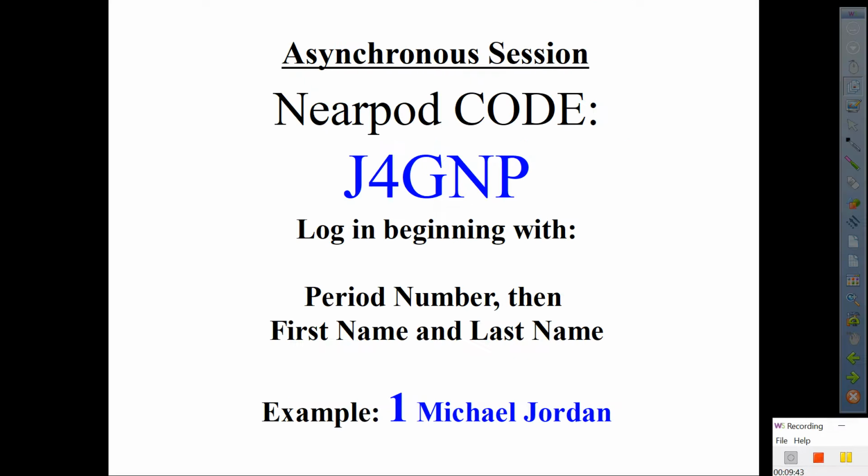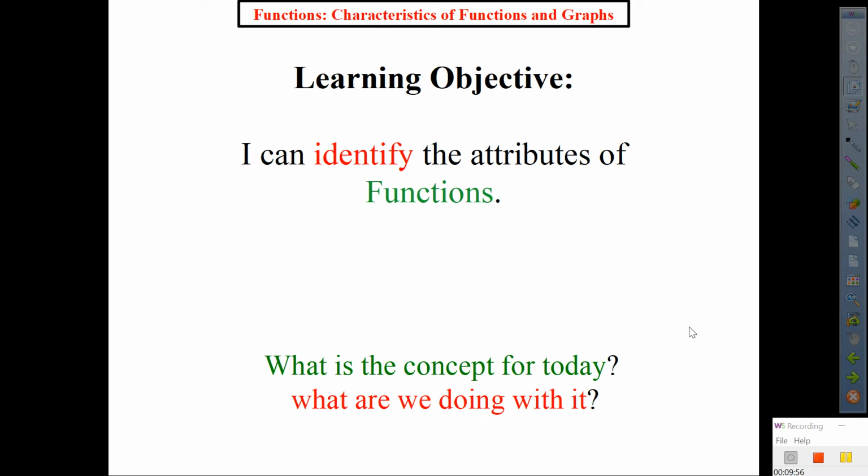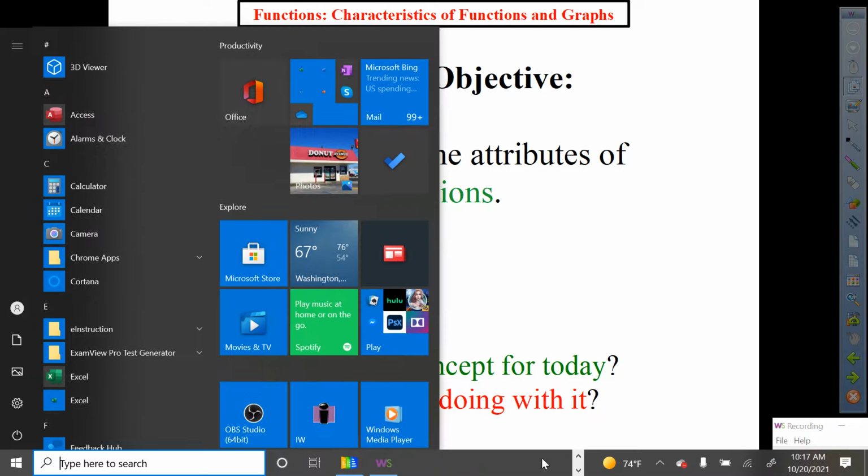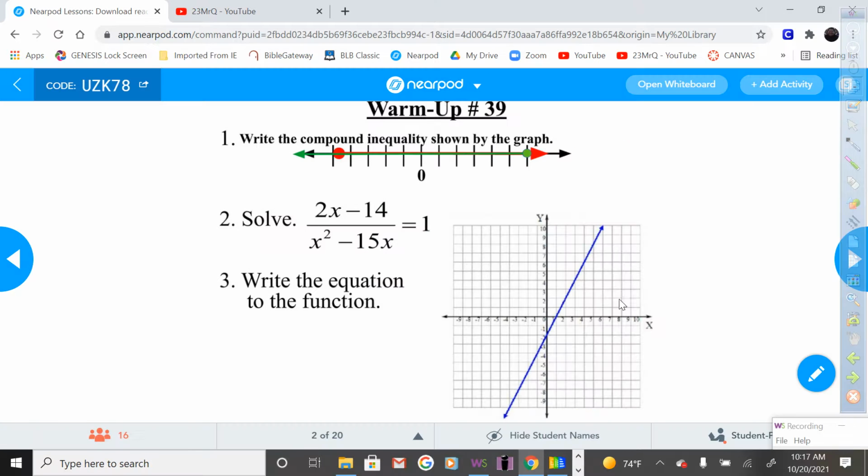All right, here we go. So once again, if you are joining us on Nearpod, the code is on your screen. Type that in, and then you can follow along using that code. As you log in, you should be at "I can identify the attributes of functions." That's our objective for today. Let me switch screens.